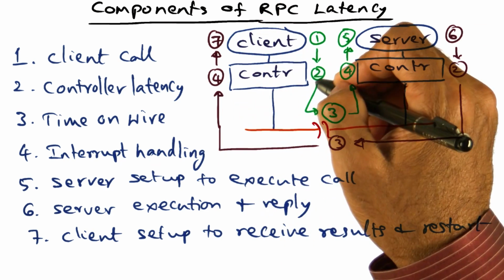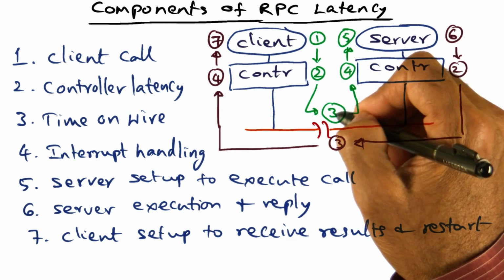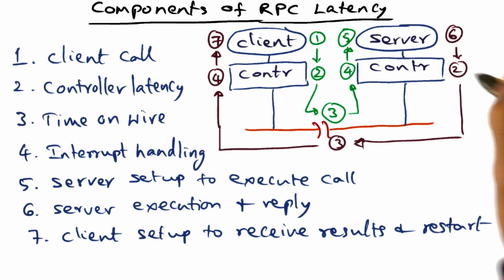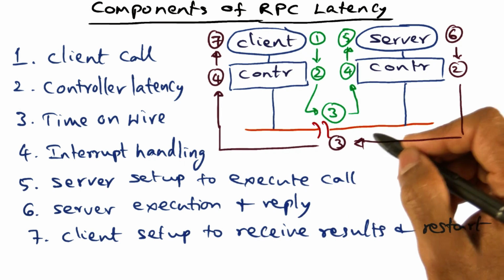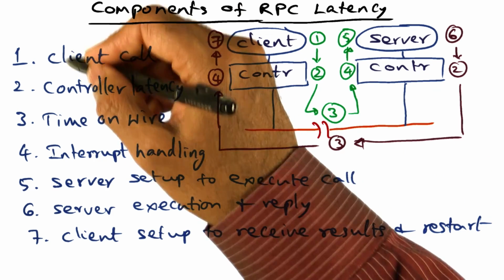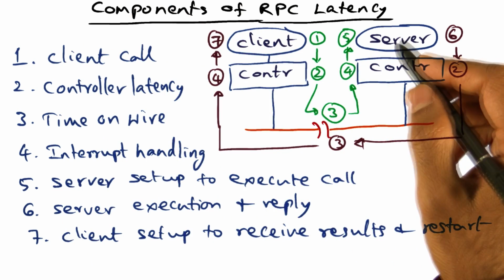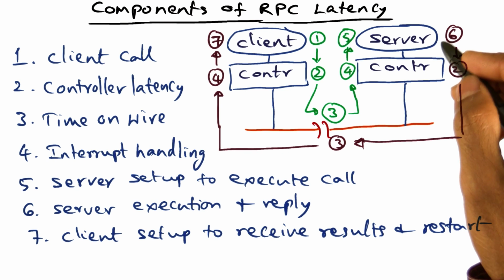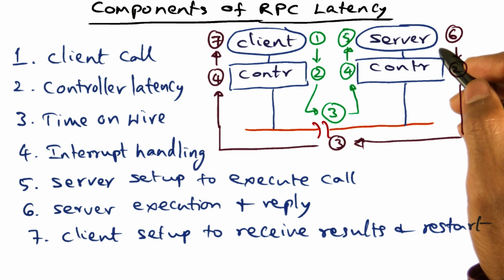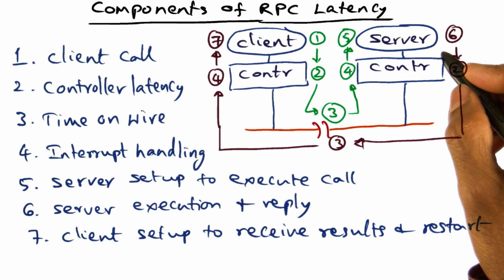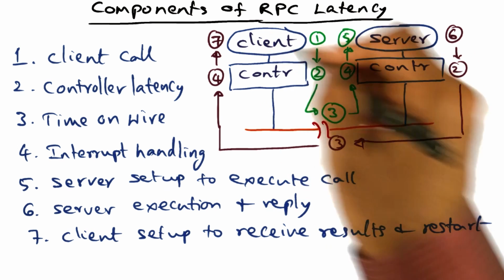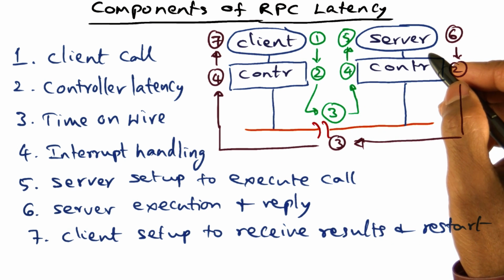Items 2, 3, and 4 were exactly the same as what we saw on the way over to the server, and they are repeated on the way back to the client. So that's the 7-step latency involved in the RPC, not worrying about the actual execution time of the server code itself, because that is not in the purview of the operating system. It is in the purview of the client-server program that the app developer has written.